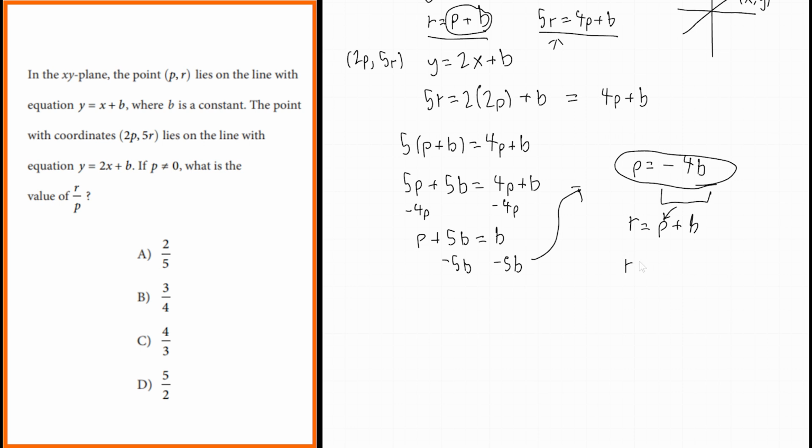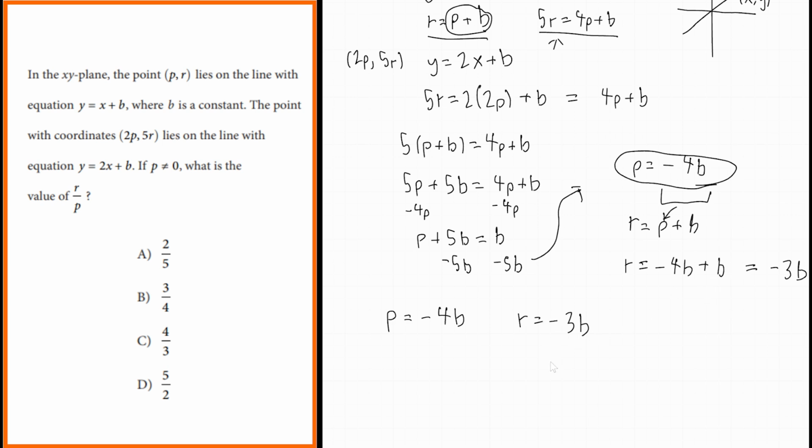We get r equals negative 4b plus b. And of course, negative 4b plus b equals negative 3b. So we end here with p equals negative 4b from up here, and we have r equals negative 3b from right here.